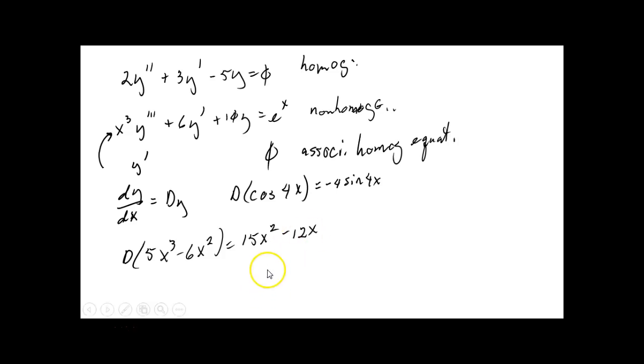Let me start on the clean page. I should have started earlier. I just didn't think about it. Okay. d by dx of dy dx is equal to d2y dx squared. Remember, that's that notation.